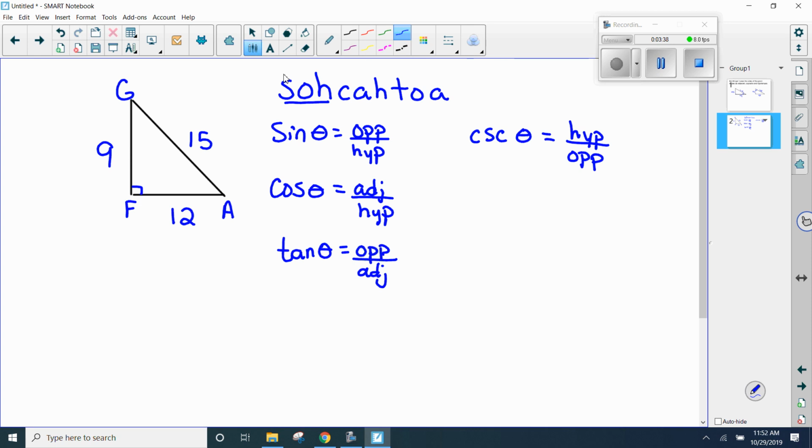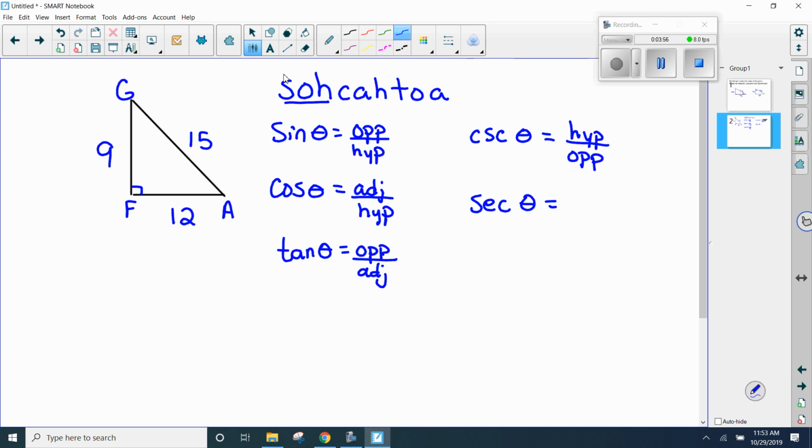Cosine, its reciprocal is secant. And if you look at secant, when you write secant down, it looks like cosine spelled backwards. Okay, the vowel is wrong, but that's the way I remember it.